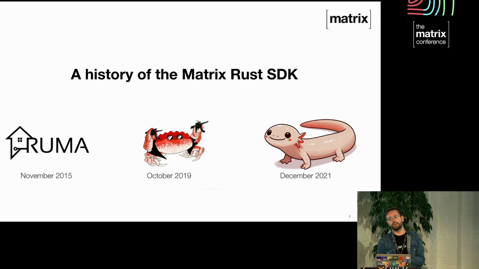And he decided to rewrite them in Rust as well. And that became the vodozemac library that is entirely written in Rust right now. And the logo at the right, which is very cute, is the logo of vodozemac. So really, the Rust SDK is the combination of using Ruma and vodozemac for making an SDK.